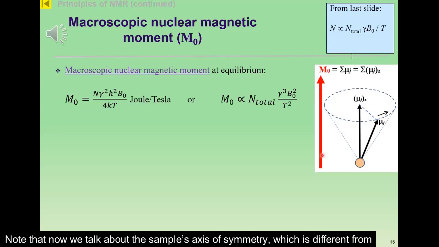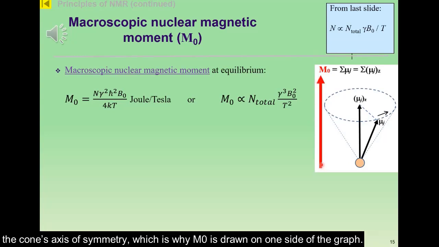Note that now we talk about the sample's axis of symmetry, which is different from the cone's axis of symmetry, which is why M0 is drawn on one side of the graph.